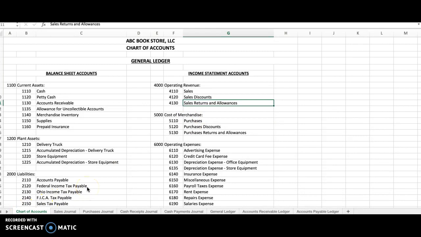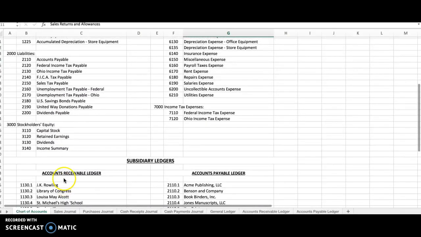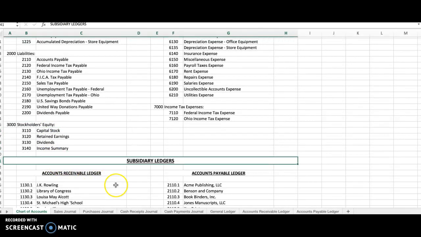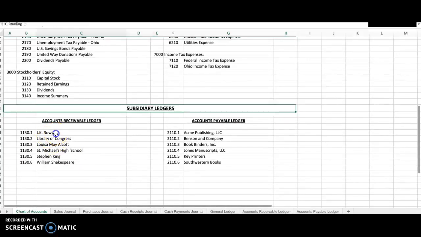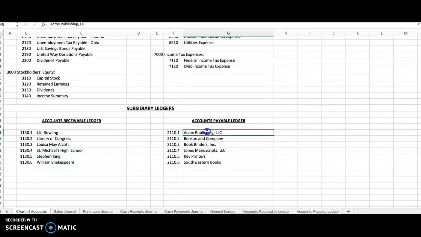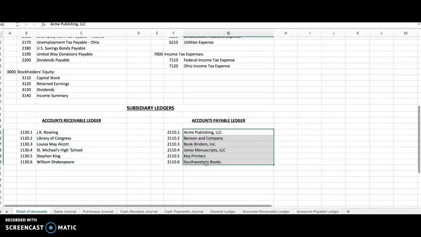Also on this chart of accounts, you will see that the owner's equity now is called stockholders' equity down here, and we've got some new accounts that we will look at in another week or so for this company. And finally, we have subsidiary ledgers, and we've got a bunch of customers that you may have seen before, and you've got a list of creditors that you may have seen before.